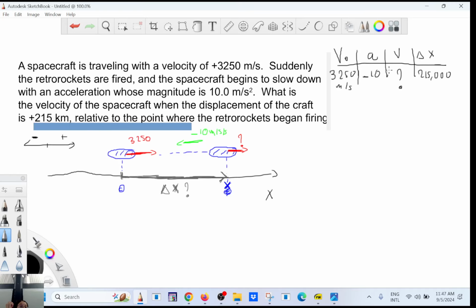So we do not have the time. So we're gonna use our friend v square equals initial square. We have to be very careful with the sign. If you put a positive instead of a negative, you're not going to get the right answer.